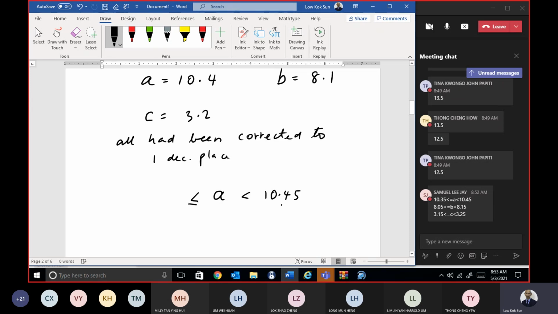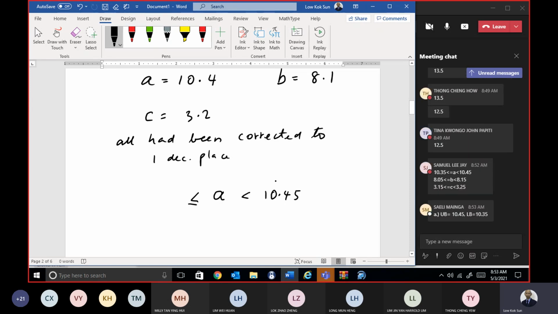Now remember, even though we ask for the upper boundary 10.45, technically 10.45 is not included. That is why you put a less than sign. It doesn't include the equal sign, just less than. But this one, yes.